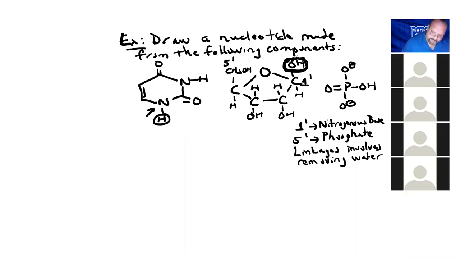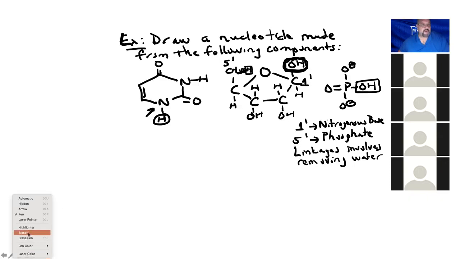And then for the phosphoric acid, we're going to take off the OH, and off carbon 5 prime, we're going to take the hydrogen.